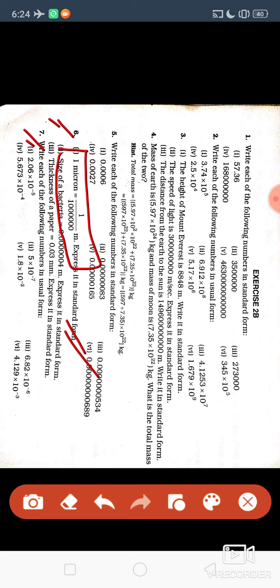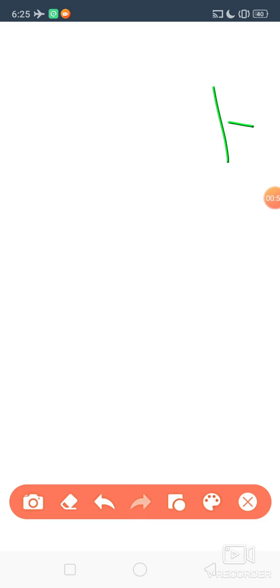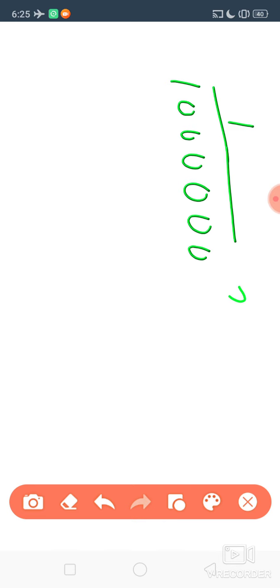Got it? 1 micron is equal to 1 by 1 and 6 zeros: 3, 4, 5 and 6. So 1 by this much meter, we have to write in standard form.